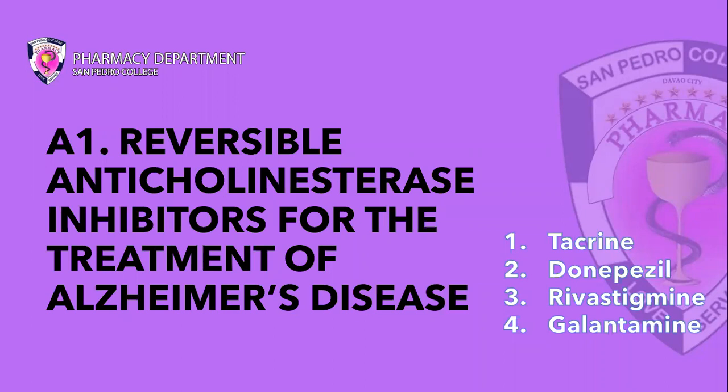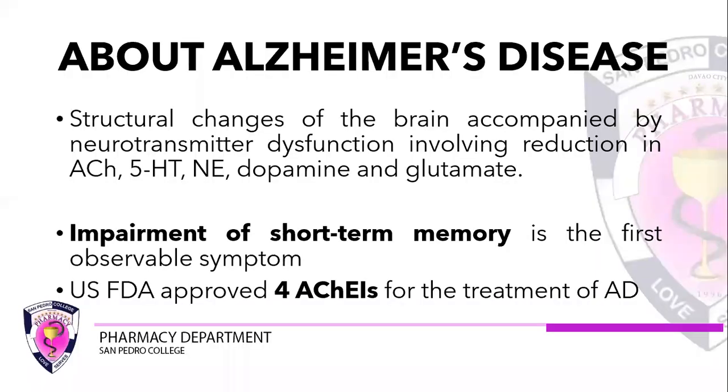But a subpart of the reversible ones are used for the management and treatment of Alzheimer's disease. So we have the following: tacrine, donepezil, rivastigmine, and galantamine. Now, for a brief overview lang of Alzheimer's disease. Alzheimer's disease is a special case of dementia. When we say dementia, it is memory loss.